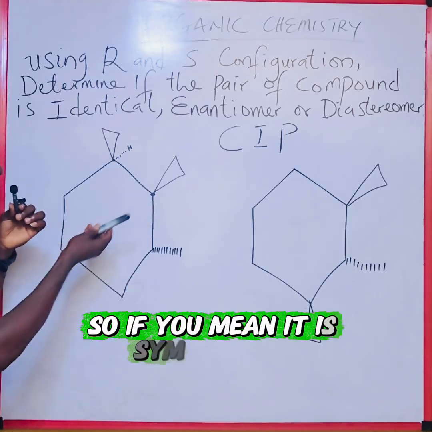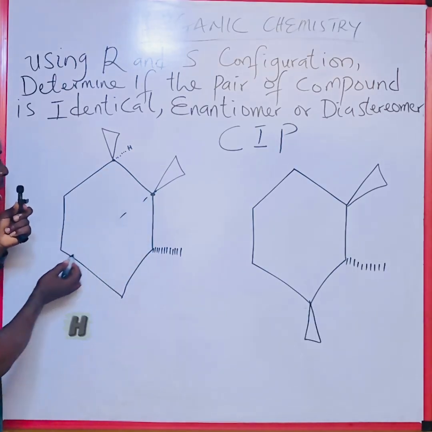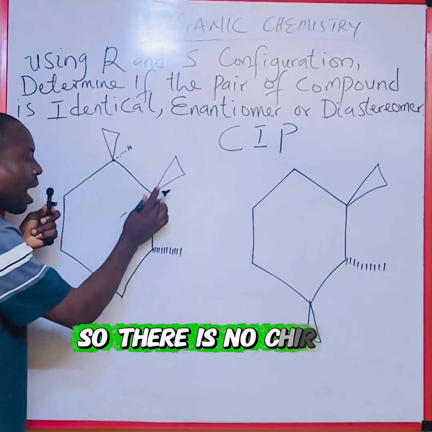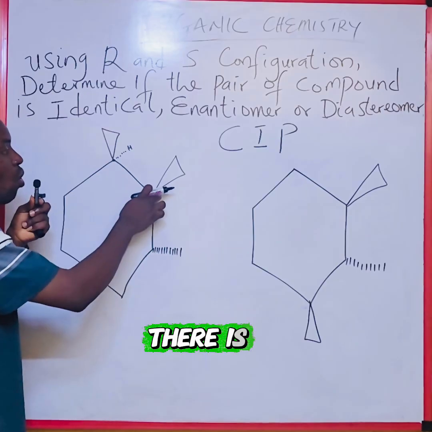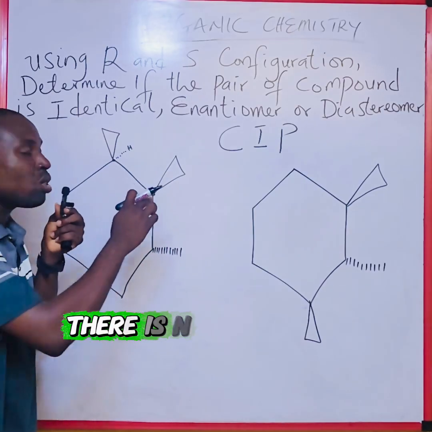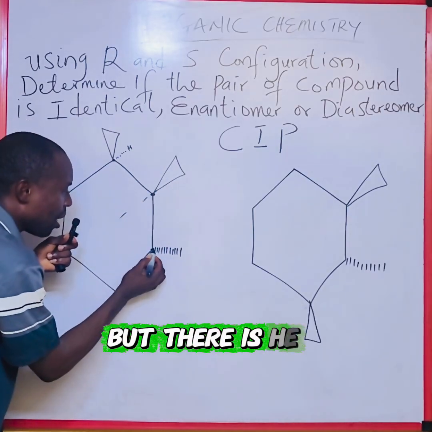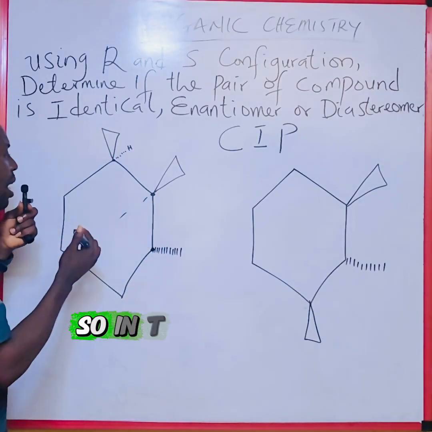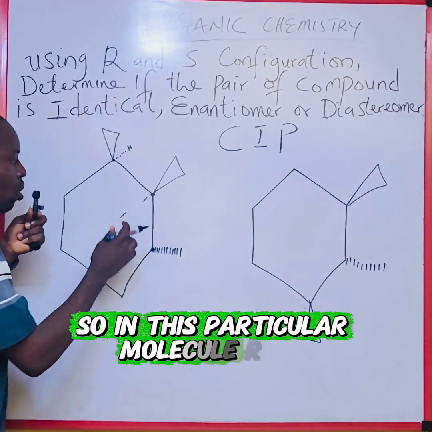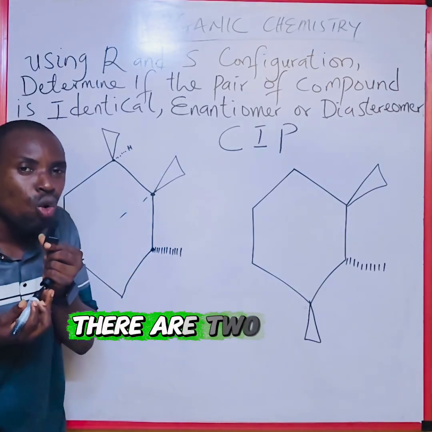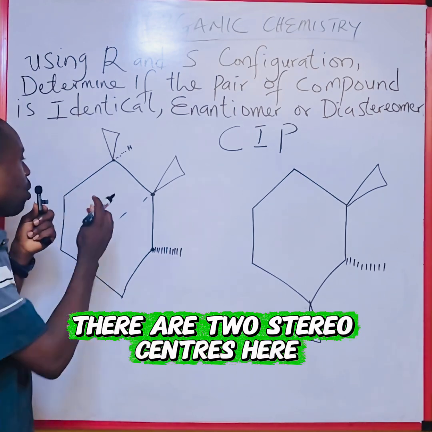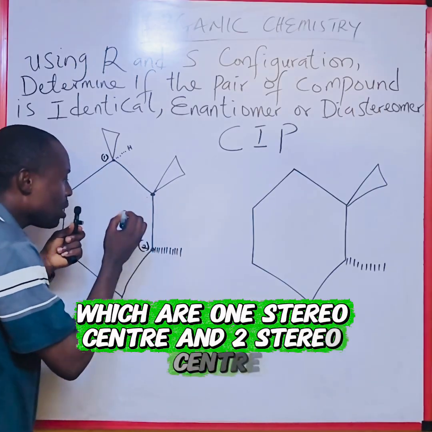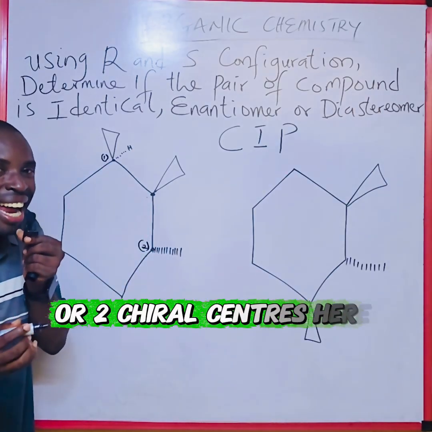It is symmetrical, meaning if you cut it from here, this side and this side are alike. So there is no chiral center, no stereogenic center here, but there is here, because this side and this side are different. So in this particular molecule, there are two stereo centers, or two chiral centers here.